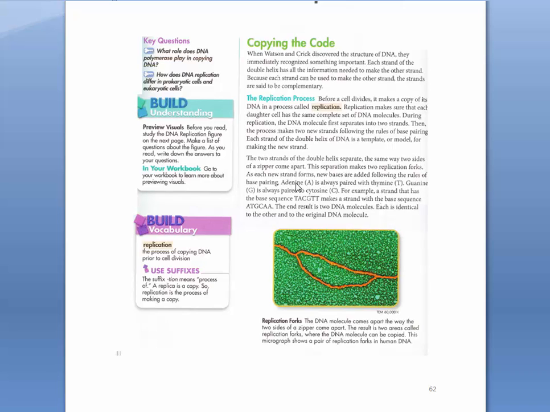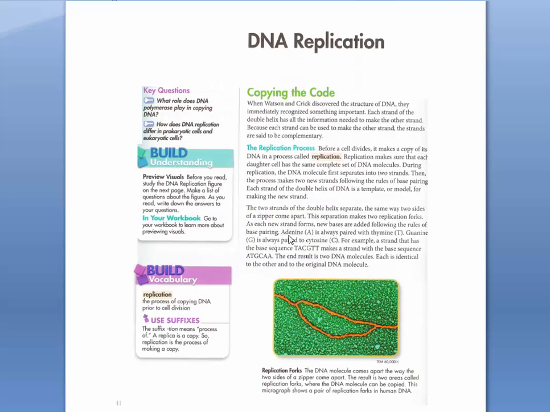Each one will only pair up with one other of those 4. So adenine, A, always pairs with thymine, T, and guanine always pairs with cytosine, C. So always remember that A and T go together, and G and C go together.